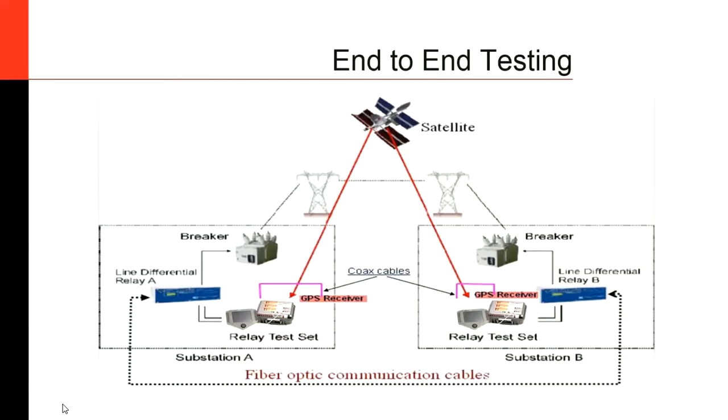Now, here you see that you have, in both ends of the line, the same things. You need to have a relay test set. You need to have some form of time synchronization, and you need to have, of course, the relay that is under test, or the device that is under test, which could be a line differential relay, a distance relay, any kind of relay that's going to be participating in the scheme.